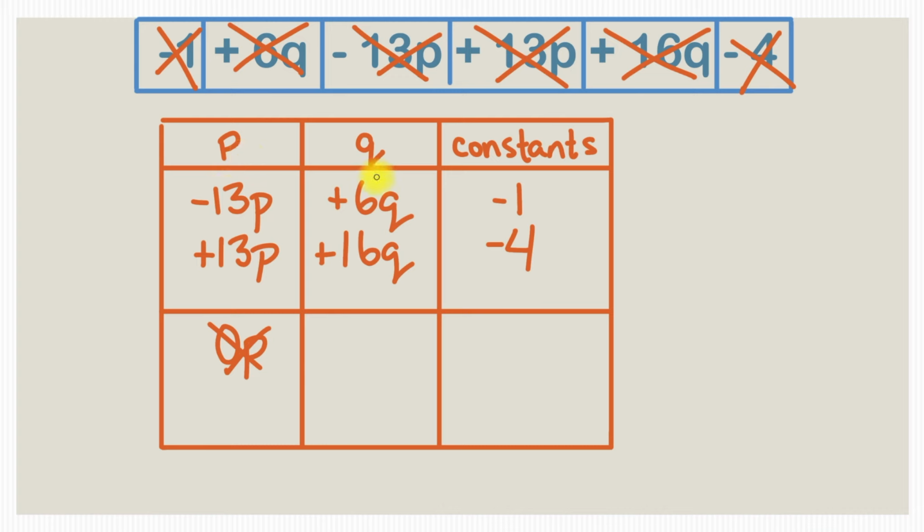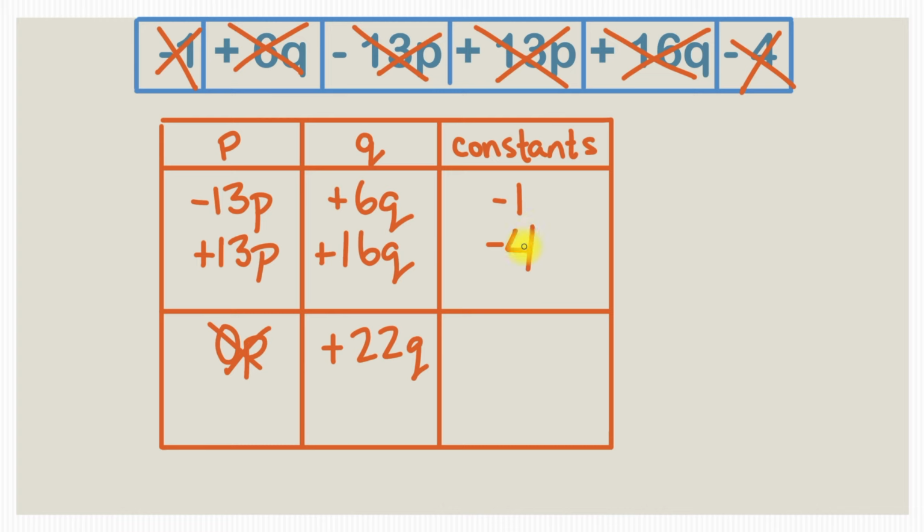Next, in the q column, we've got positive 6q plus positive 16q. That's going to give us positive 22q. So let's write that here. And finally, we've got the constant column, which has -1 and -4.